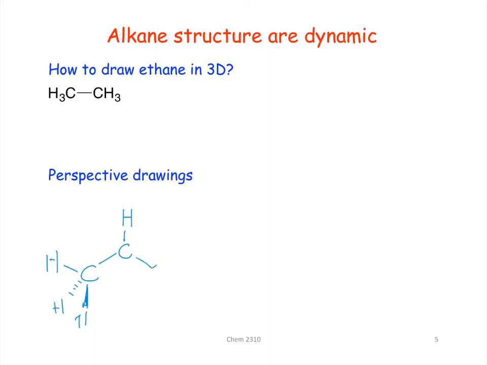But how did I decide that these two hydrogens I just draw with single lines and not wedges or dashed lines? Is there a certain reason why I would do that? No, not really. It's completely arbitrary so far.